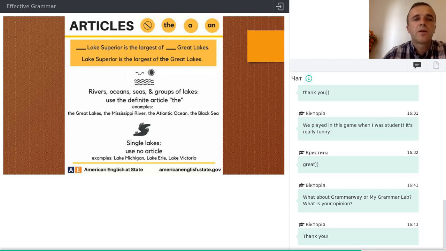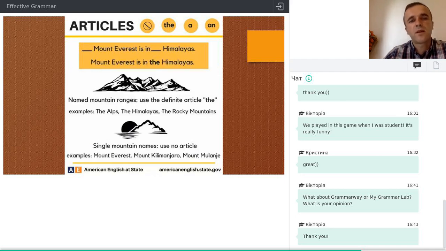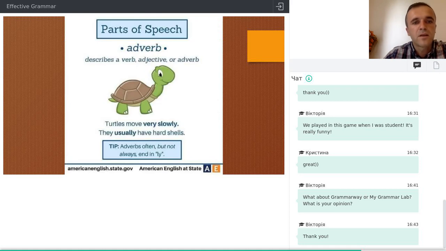And here you can give maybe a quiz, a task for students to fill the gaps, to use the articles here, and to provide them with the correct example. Also, here are the articles with geographical names, with the mountains.